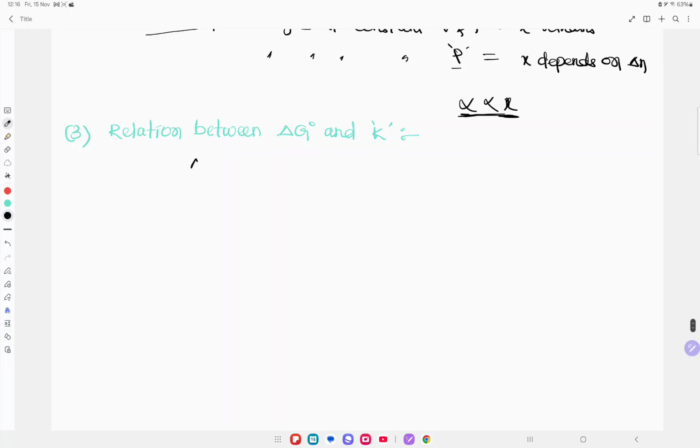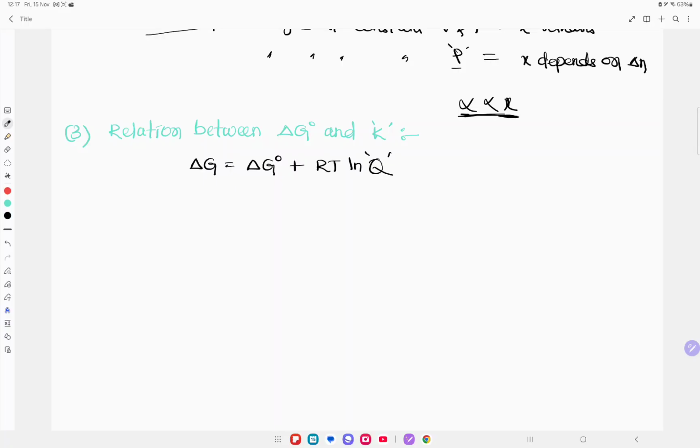What is the relation? From thermodynamics, delta G is equal to delta G naught plus RT ln Q. Q is the reaction quotient.